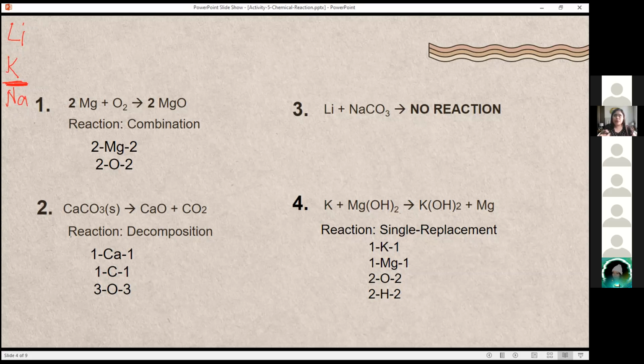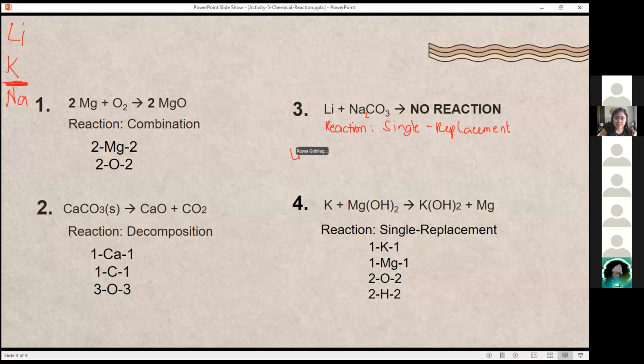So I will also consider your submission for this since ang finalo nyo is the reference na potassium ang pinakataas. Pero to correct this class, again, lithium is more reactive than sodium. So this is here, the reaction is single replacement and actually the reaction is possible.